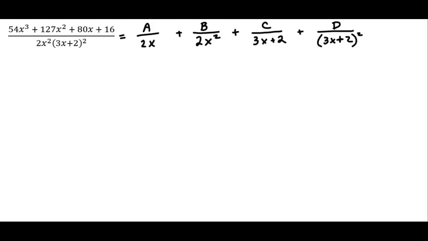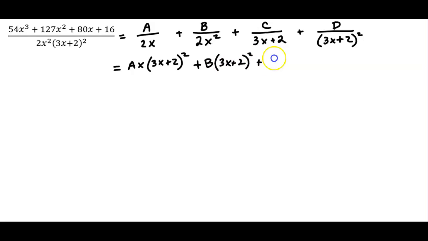Okay, so here we go, some crazy numbers, right? All right, we're going to have a times, I've got the 2, I've got 1x, I'm going to need another x, and I'm going to need the 3x plus 2 squared. Okay. The next one, I've got the 2x squared, but it's going to be b times the 3x plus 2 squared.